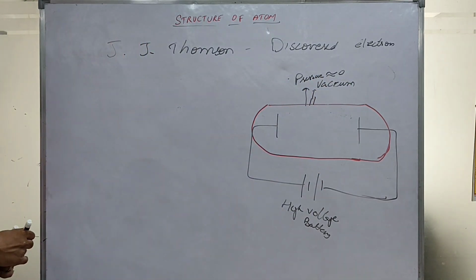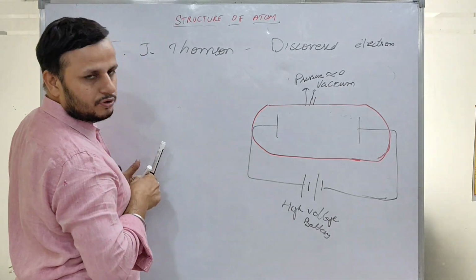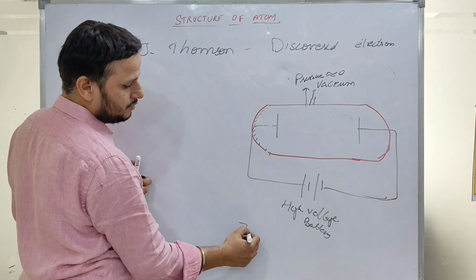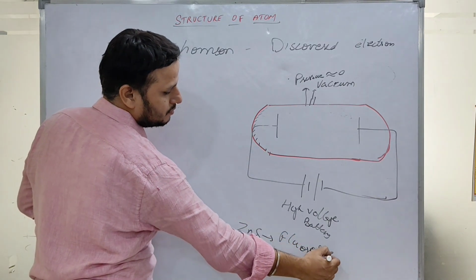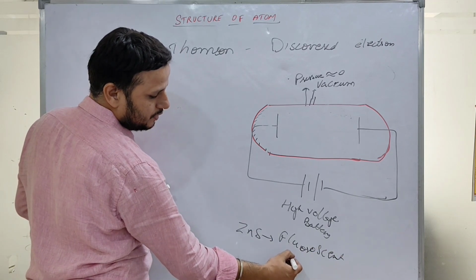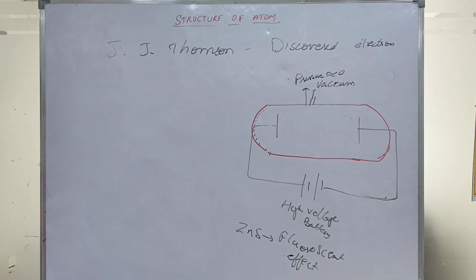And on one side of the glass tube, there was a coating of zinc sulfide. Zinc sulfide creates a fluorescent effect. This is important for the question, which layer? So zinc sulfide layer creates the fluorescent effect.